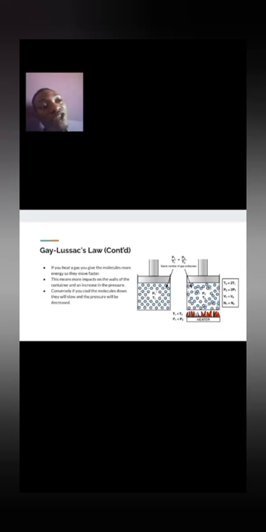But if you reduce the fire, you see that they will calm down. So if you increase the temperature, the water will give a lot of pressure, will be violent. But when you decrease the fire, they will calm down. That is what Gay-Lussac's law is trying to tell us.